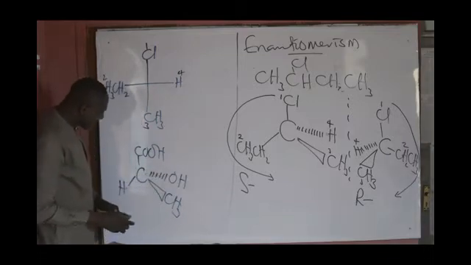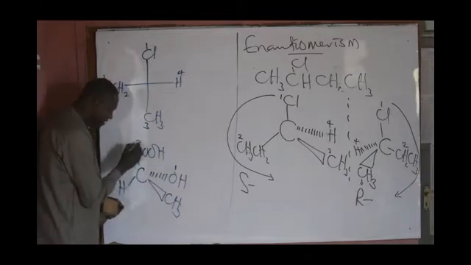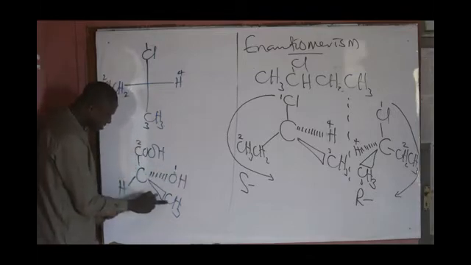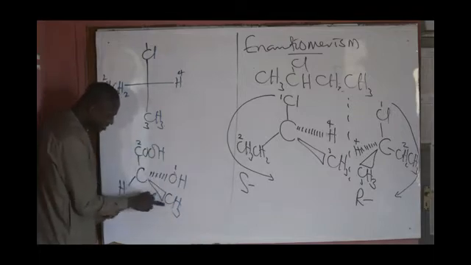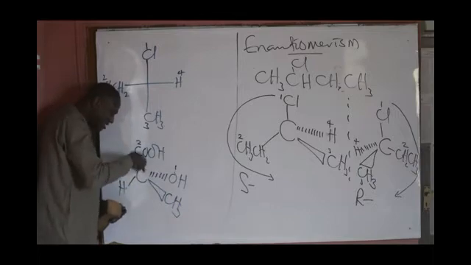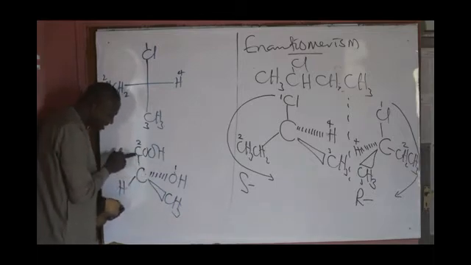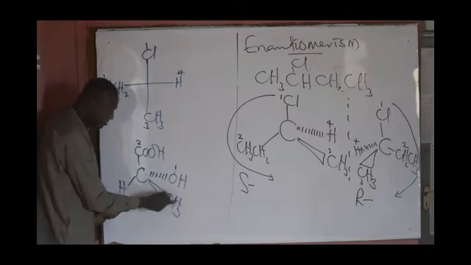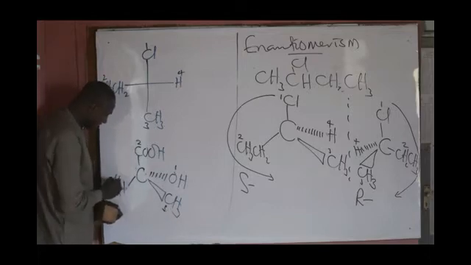If we are ranking this molecule, this will be ranked first, followed by this, because this carbon has hydrogen attached to it, so you have to go to the next atom attached to the atom that is directly attached to the chiral center. After this carbon is oxygen, after this carbon is hydrogen, and oxygen has a higher atomic number than hydrogen. So that is why this is 2, this is 3, and this is 4.